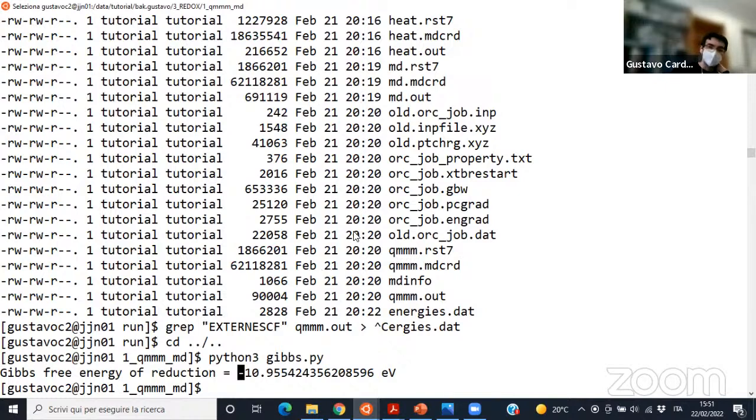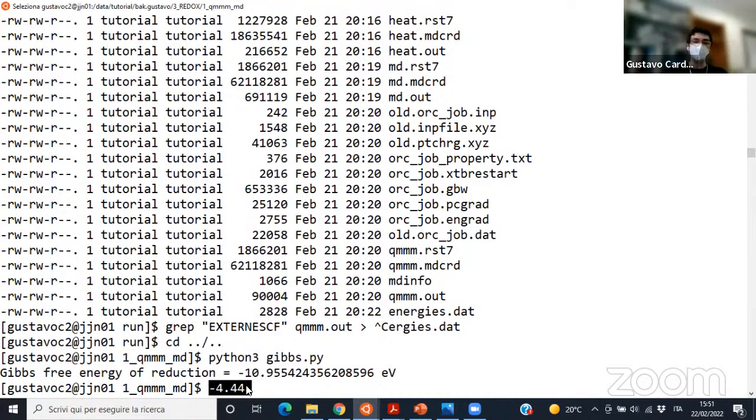For example, the standard hydrogen electrode, I think, is minus 4.44 electron volts or something like that. So if you want the comparison with the experimental value of this half reaction, you have to subtract this thing from this thing here. So this is going to be minus 6. Now, this is a lot.